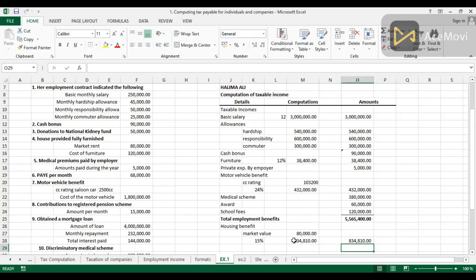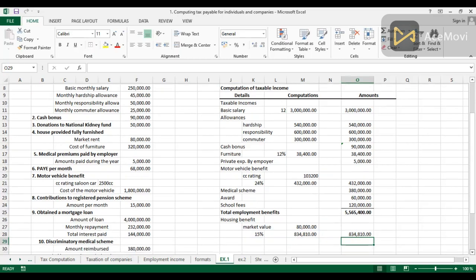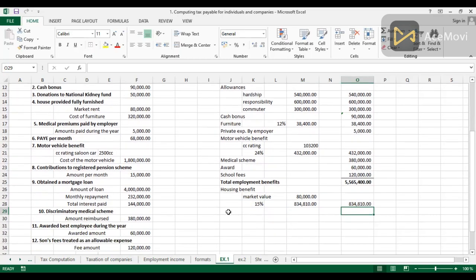I think we've finished. So it will be another here. Total. Sorry. Total employment income. Total employment income equal, so it will be this one above here plus the housing benefits, isn't it?